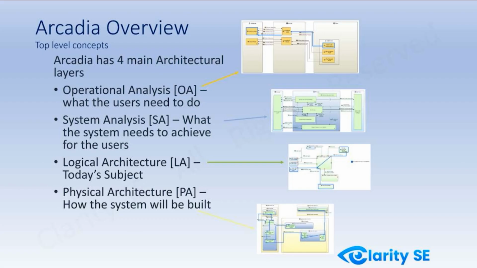And therefore that allows us to identify what's in scope, what's out of scope, and what interactions are occurring across the system boundary. Third layer is the logical architecture. So we'll get to that a little bit later. And then the last element is the physical architecture, which is the design synthesis. So how the system is going to be built.